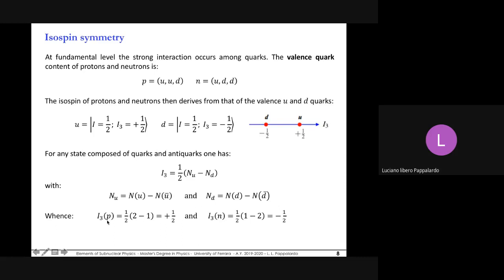So for instance, if you apply this formula to the proton, we have 2 up quarks, we don't have any antiquarks, of course, as valence quarks, and then we have only 1 down quark. So 2 minus 1 gives us +1 times 1/2, we get +1/2. For the neutron, instead, we have only 1 up quark and 2 down quarks. So overall, we get a minus sign here, so -1/2. And this, of course, you can apply in general for any hadron, okay? And of course, this only makes sense for hadrons that contain some up or down quark as valence quarks.